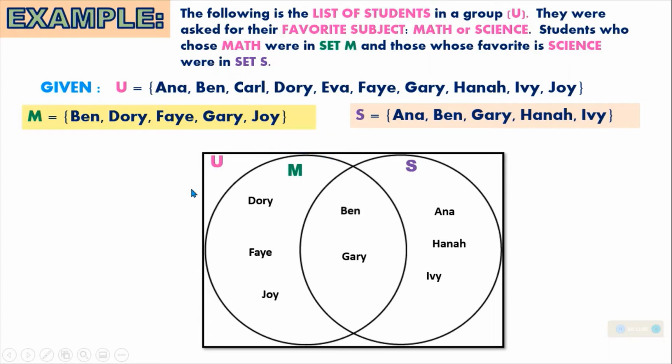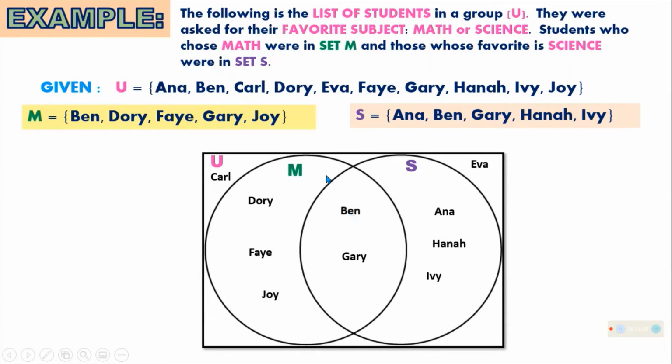So lahat ng nandyan sa rectangle, that is the universal set. May nawawalang iba. Yan si Carl, ayaw niya ng math, ayaw niya ng science. Ibig sabihin, maaaring ibang subject ang gusto niya. May isa pa, that is Eva. Kung bibilangin natin to, 1, 2, 3, 4, 5, 6, 7, 8, 9, 10.